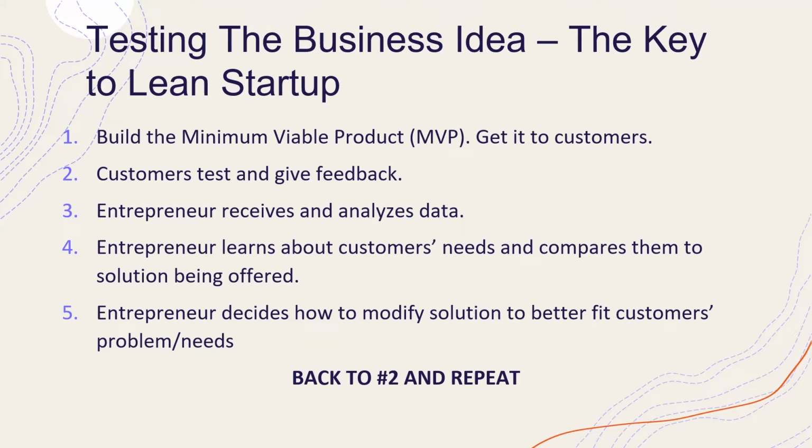This is a way that customers get the opportunity to see what the concept is and to give the entrepreneur feedback to say, hey, this is something I think would work. But maybe if you put those buttons over here, it probably would be more beneficial. Or if you made it larger or smaller, right? So they start to get feedback from the customers before they have an actual prototype or an actual handheld or tangible product that they're actually going to be using.